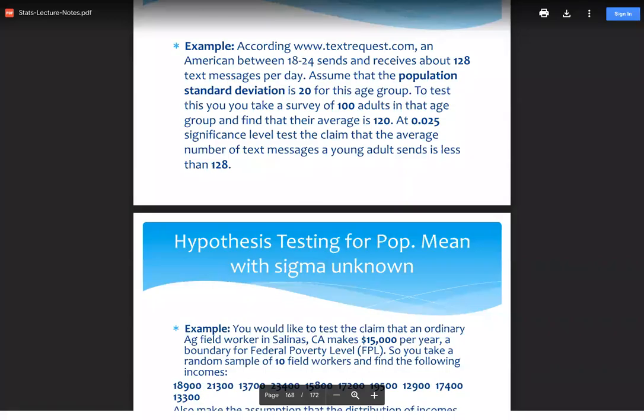So according to www.textrequest.com, an American between 18 and 24 receives about 128 text messages per day. Assume that the population standard deviation is 20. So that means sigma is 20.